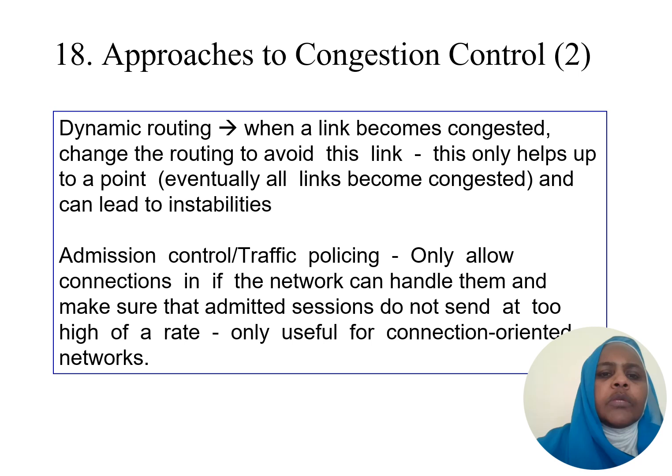Another way is admission control or traffic policing, which allows only connections the network can handle and makes sure that admitted sessions don't send at too high a rate. It is only useful in connection-oriented networks, because in connectionless networks, every packet is routed independently.